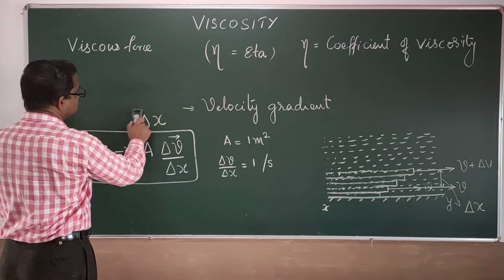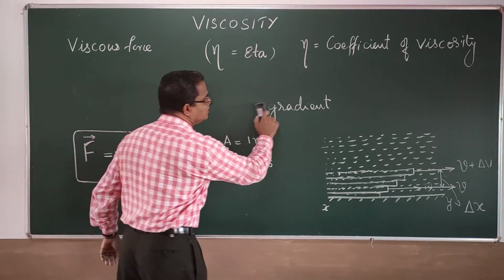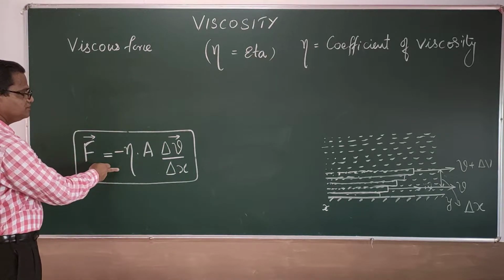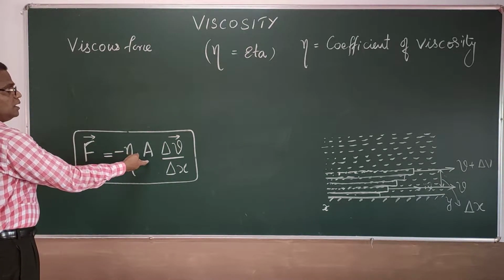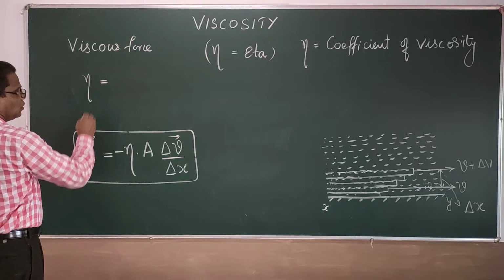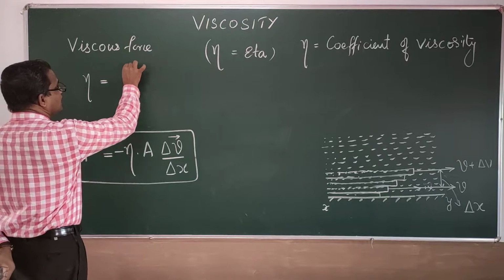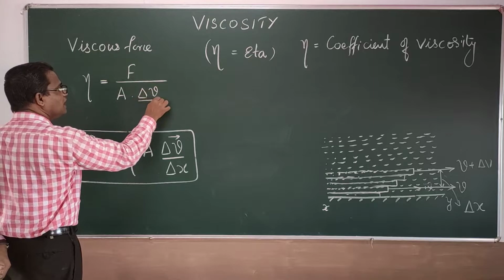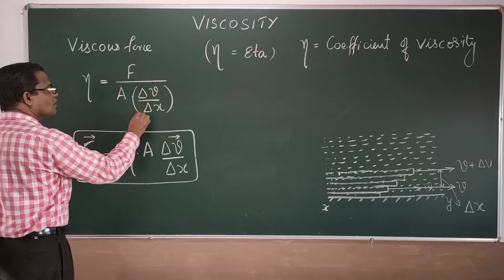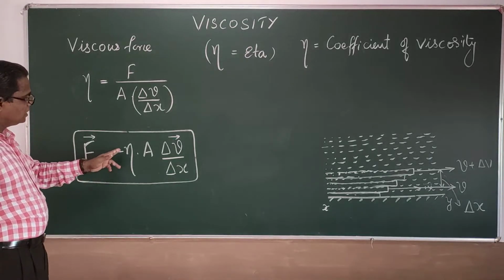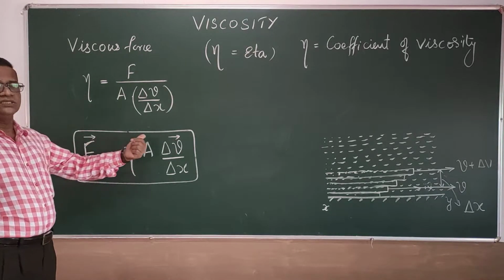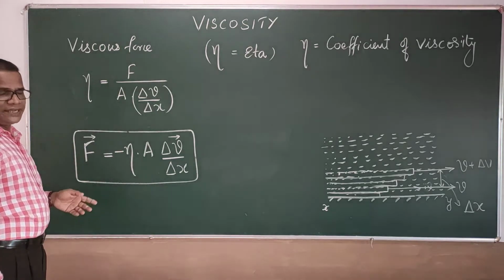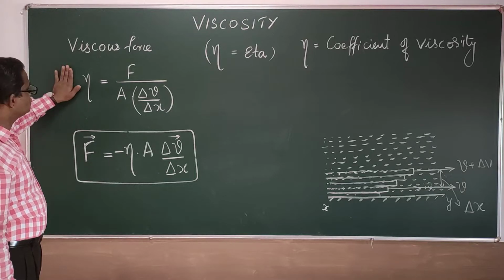The unit of coefficient of viscosity: eta equals F by A into delta V by delta X. Now this negative sign only shows that the force and the speed are in opposite directions. That's all.